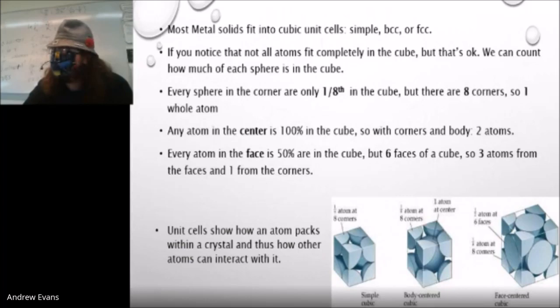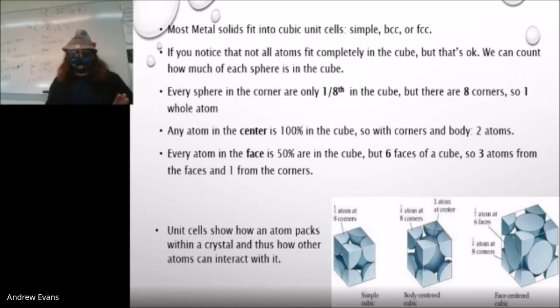One of the good things about a corner is how many corners are there in a cube? Should be 8. 4 on the top, 4 on the bottom. So when we look at a simple cubic, each sphere is 1/8, but there are 8 of them. So a simple cubic is representing one whole atom.